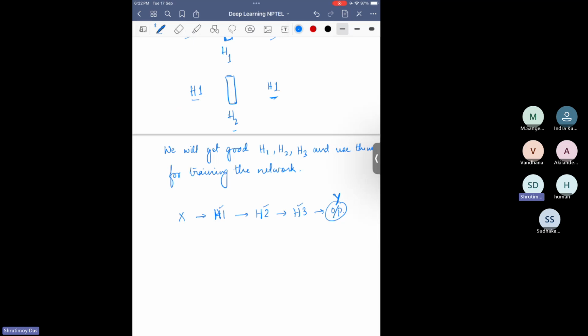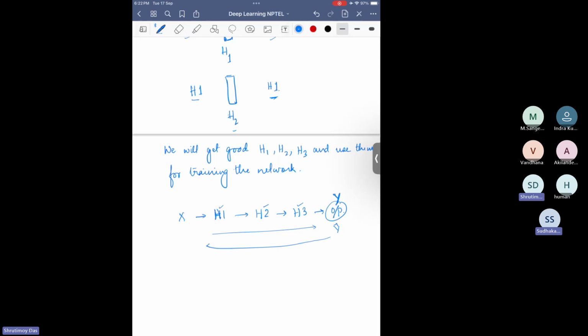If you have X, you use the feed forward algorithm to get some prediction Y hat, then compute the loss, and then you back propagate and update the weights.